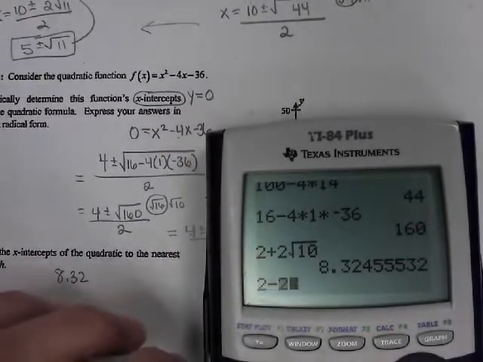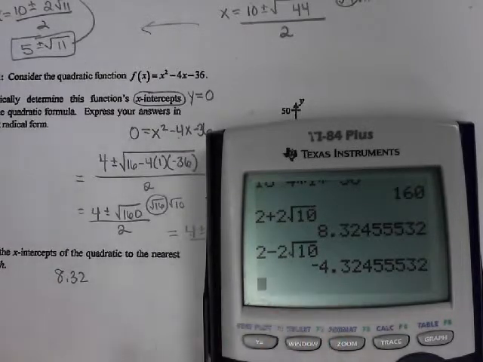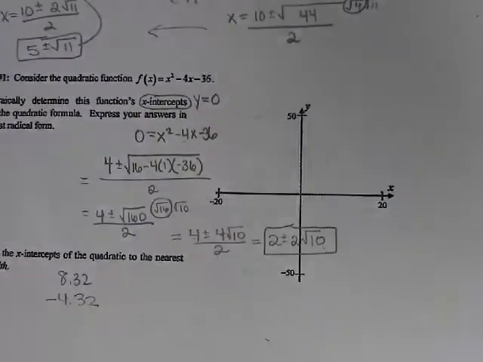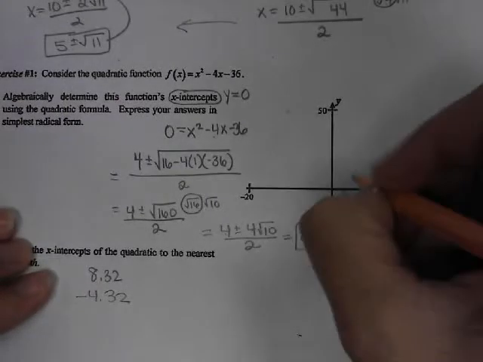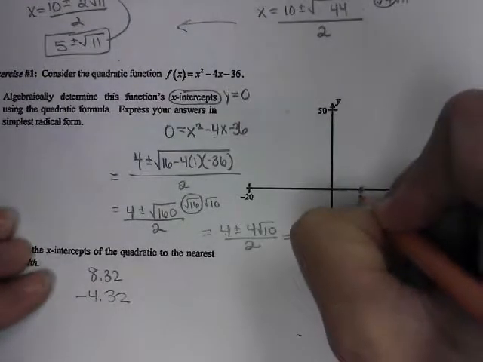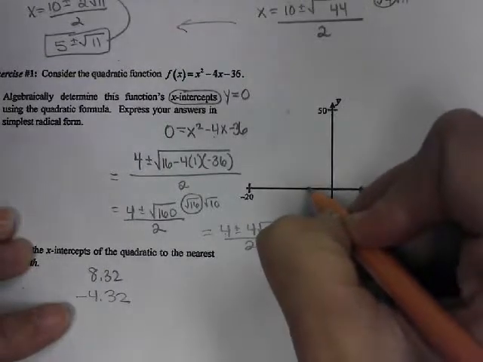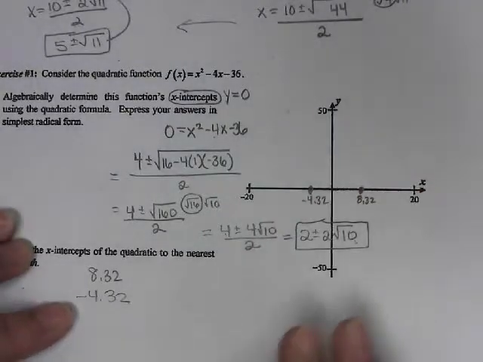And then 2 minus 2 root 10, rounded to the nearest hundredth, is negative 4.32. So what happens here is on our calculator, or on our graph, 8.32 is approximately there, and negative 4.32 maybe is approximately there.